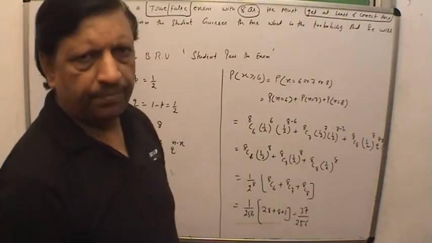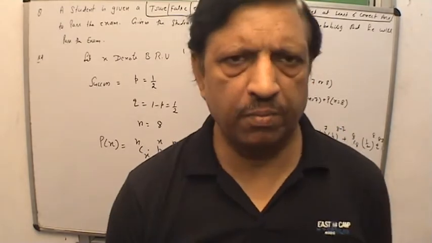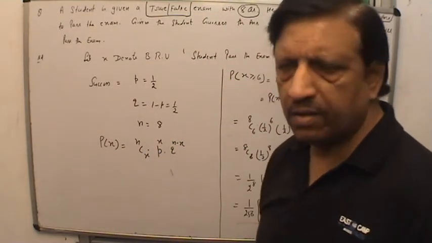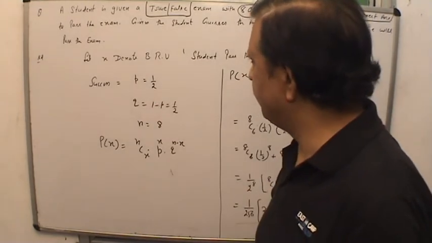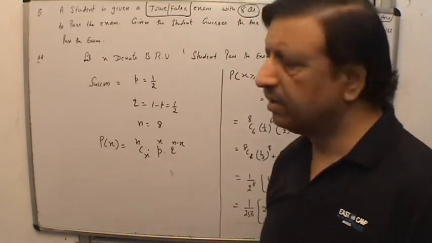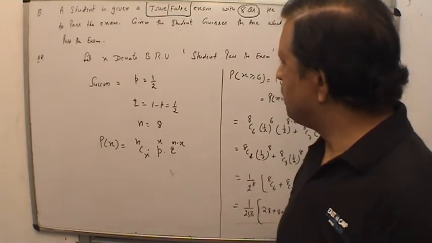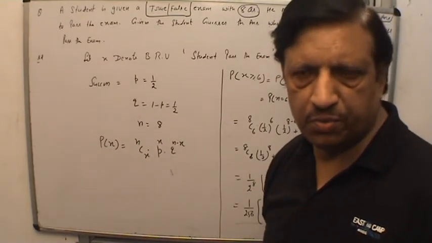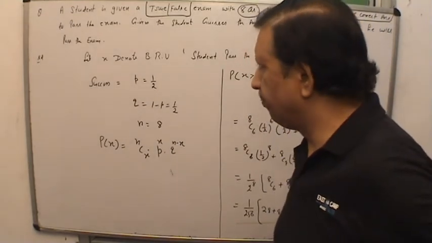That is a problem based on the binomial distribution, and in this problem we have seen how we select the type of probability distribution for a particular problem.